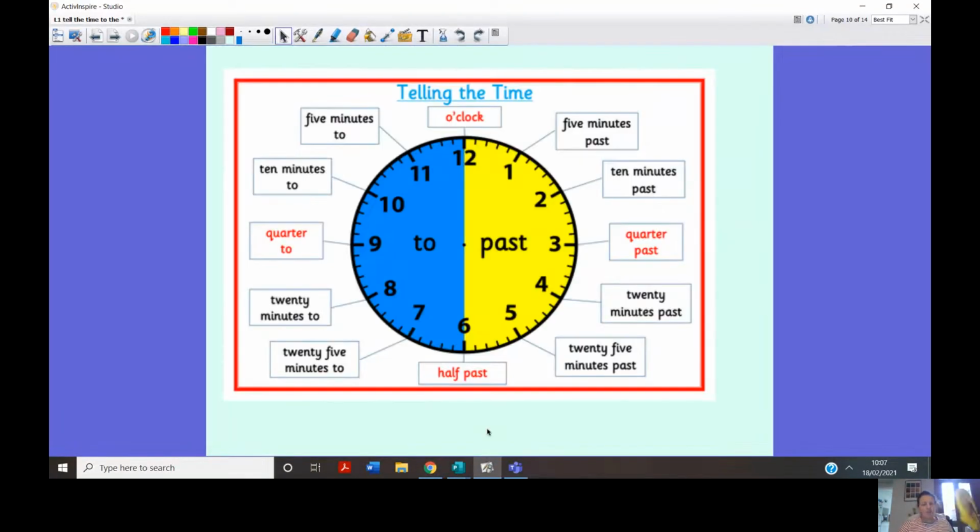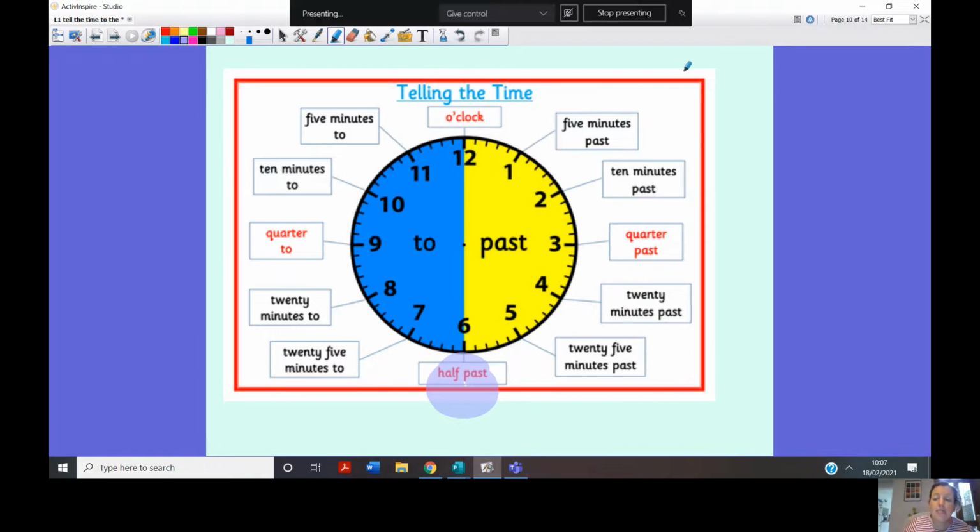So, as I was just saying, the magic number with time to remember is once you're beyond half past, it goes to. So saying with me: o'clock, 5 minutes past, 10 minutes past, quarter past, 20 minutes past, 25 minutes past, half past, 25 minutes to, 20 to, quarter to, 10 minutes to, 5 minutes to, back to o'clock.